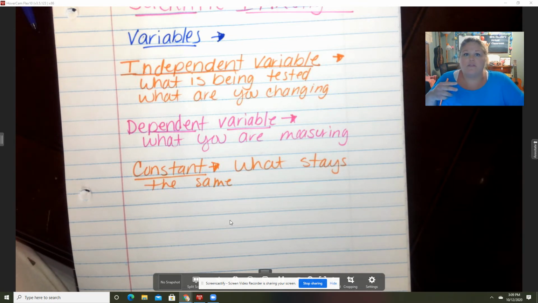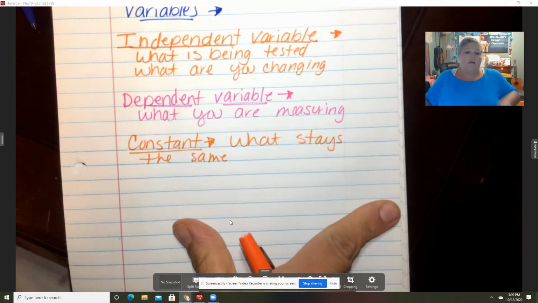The thing that would change would be the brand. The amount of time you chewed it would stay the same. How many times you blew a bubble would have to stay the same. But the thing that changed would be the brand, because that's what you're testing.